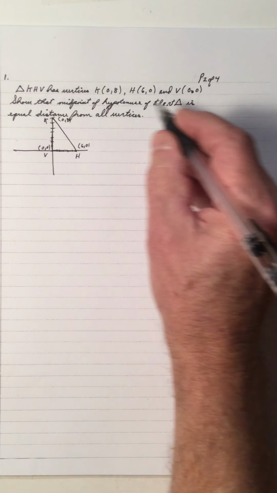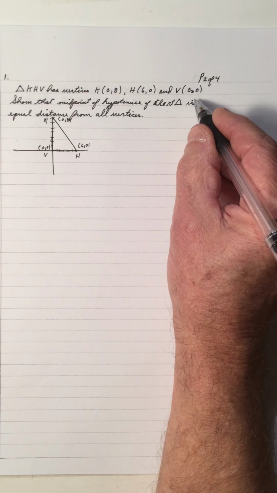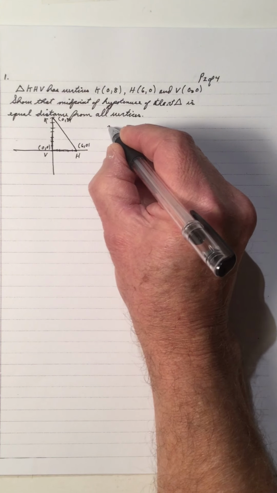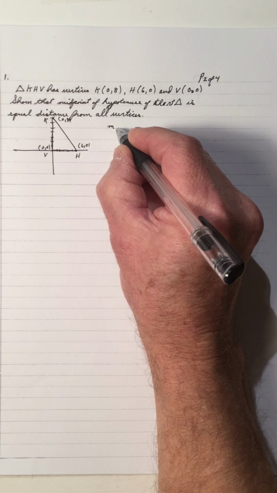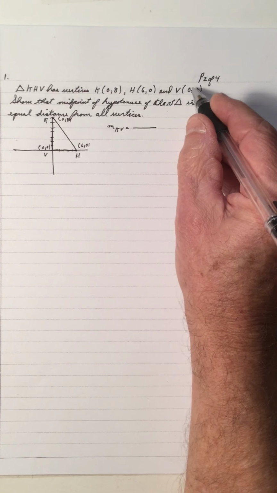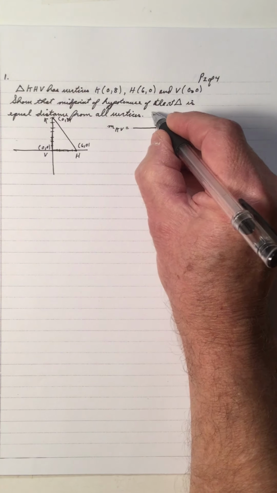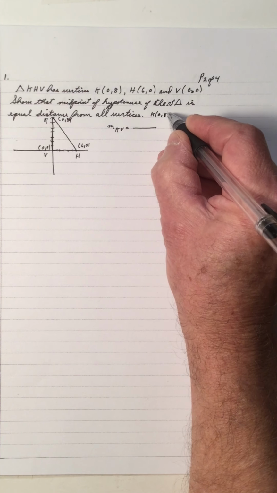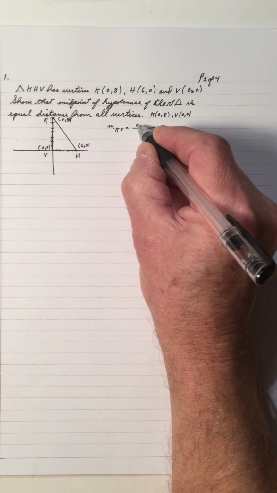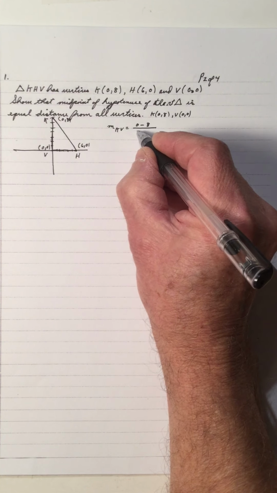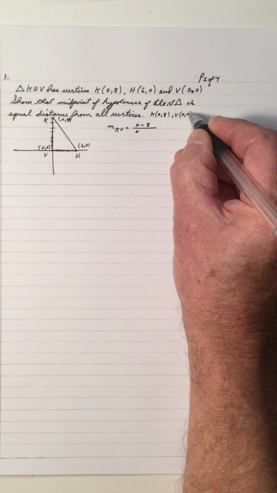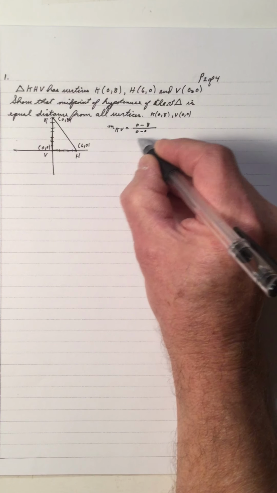So we have to show that we have a right triangle. So we get the slope of KV. K is (0,8) and V is (0,0). Slope is y2 minus y1 over x2 minus x1.